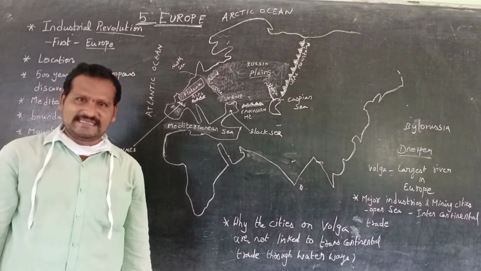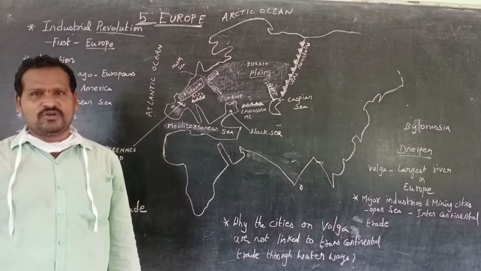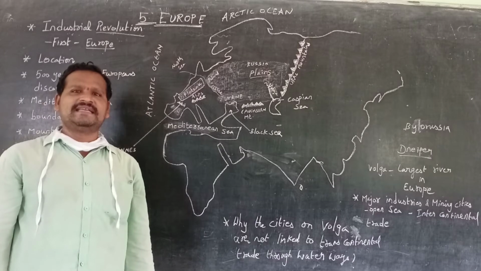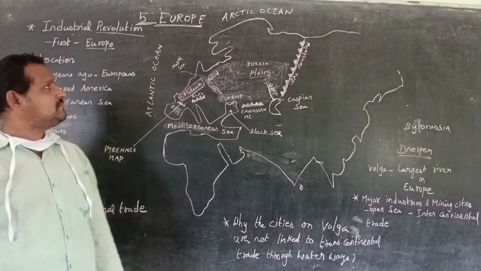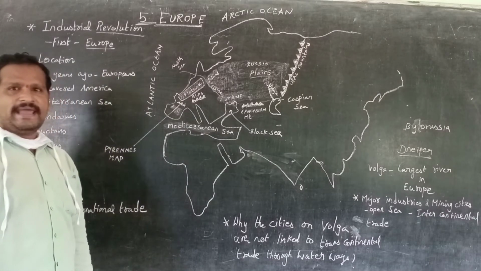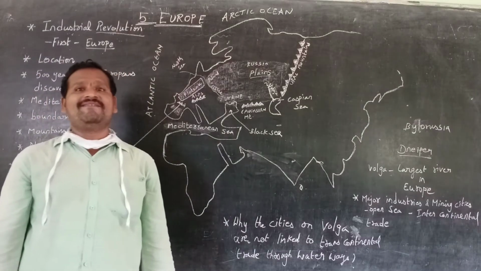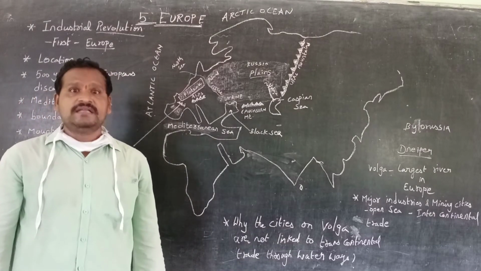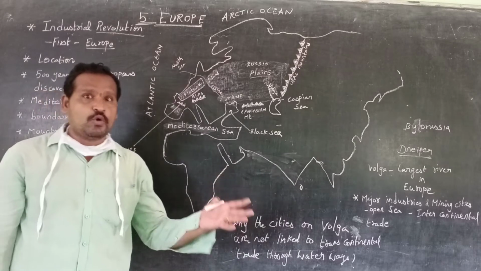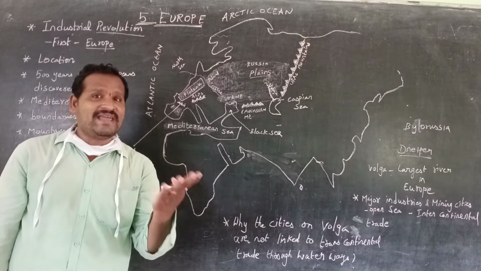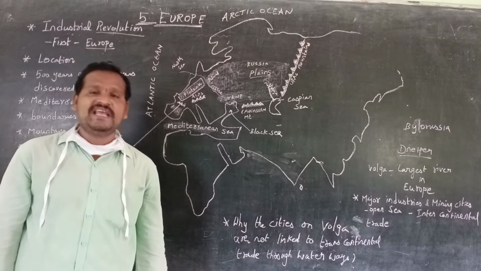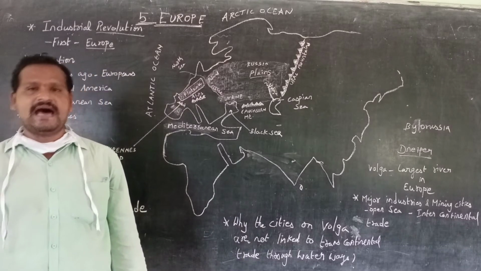As industries are well developed in European countries, they need raw material and a market to sell the goods. These two are not available in their country, so they occupied the colonies in Asia and Africa.